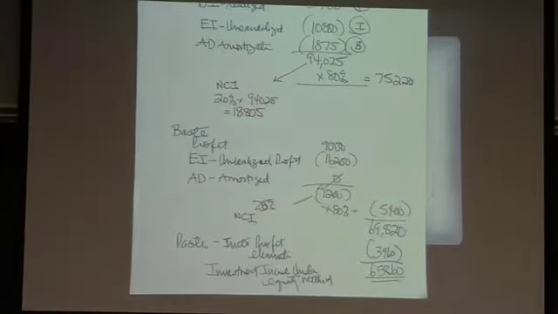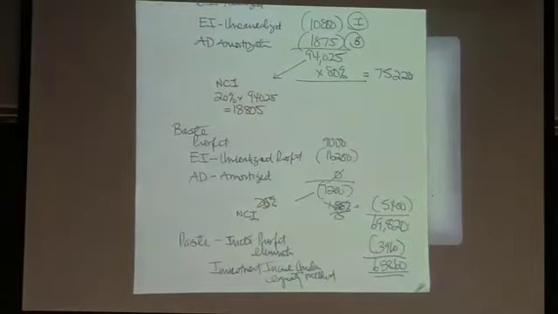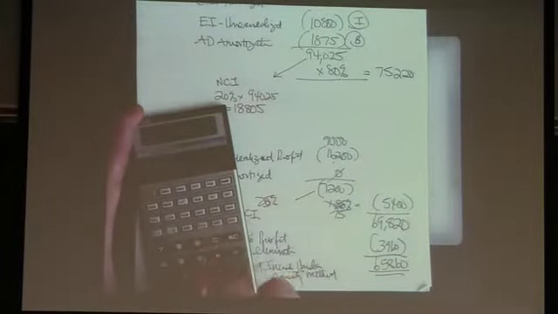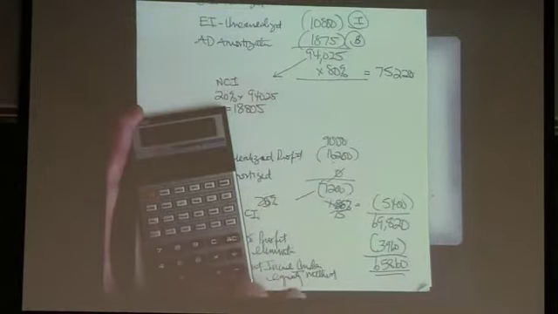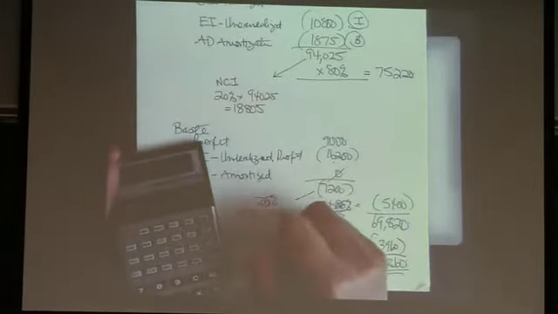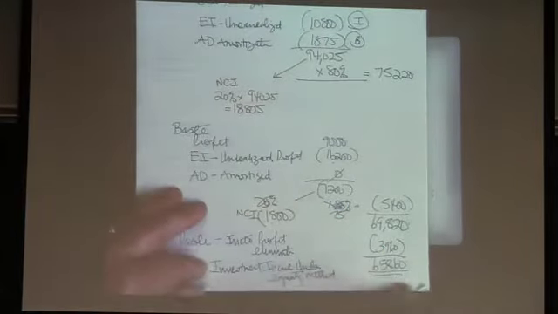I apologize. And this is 25%. Actually, that number is still correct. Okay, so 25% of 7,200 is 1,800. Okay, now this is the investment income.